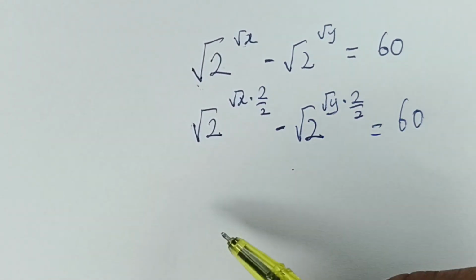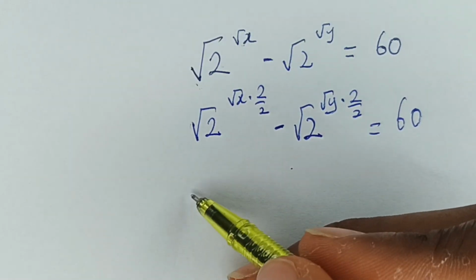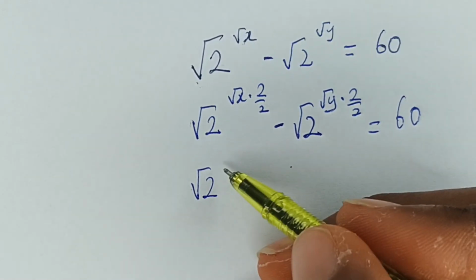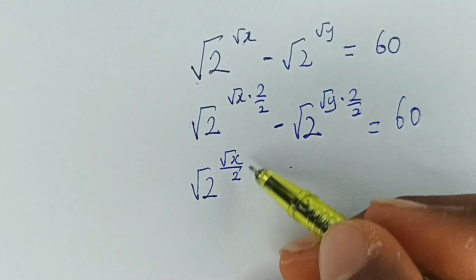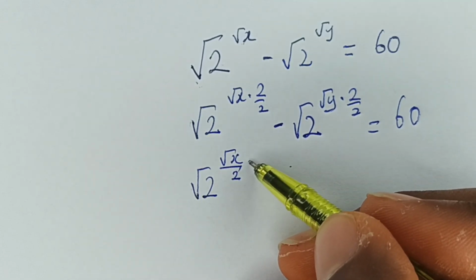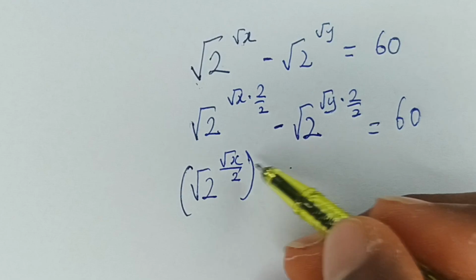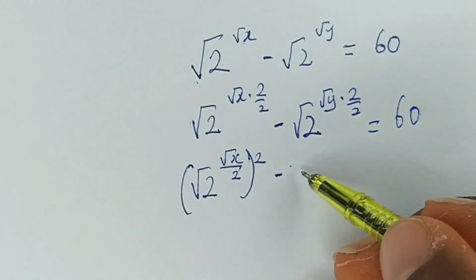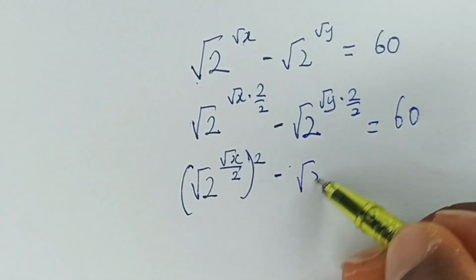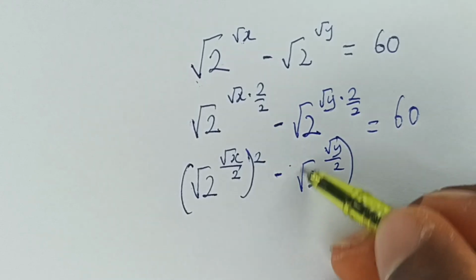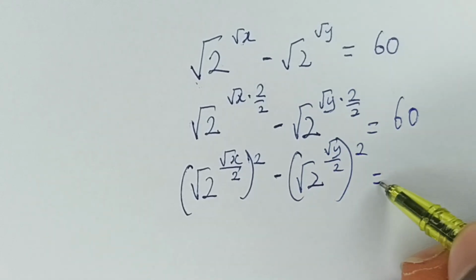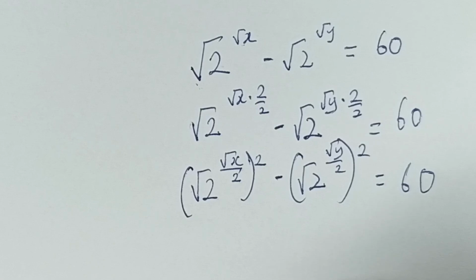Now I can rewrite this as root 2 raised to the power root x over 2, all raised to the power of 2, minus the same thing here, root 2 raised to the power root y over 2, and I bring out this 2 outside, is equal to 60.